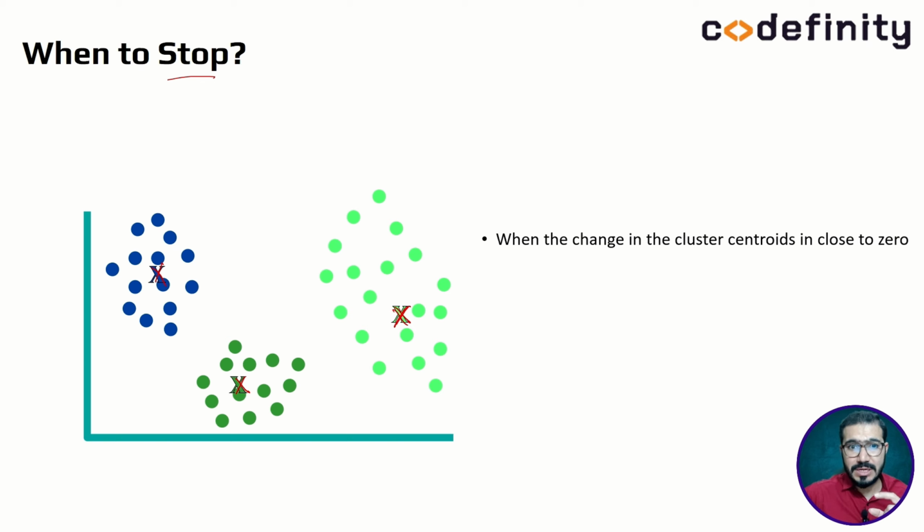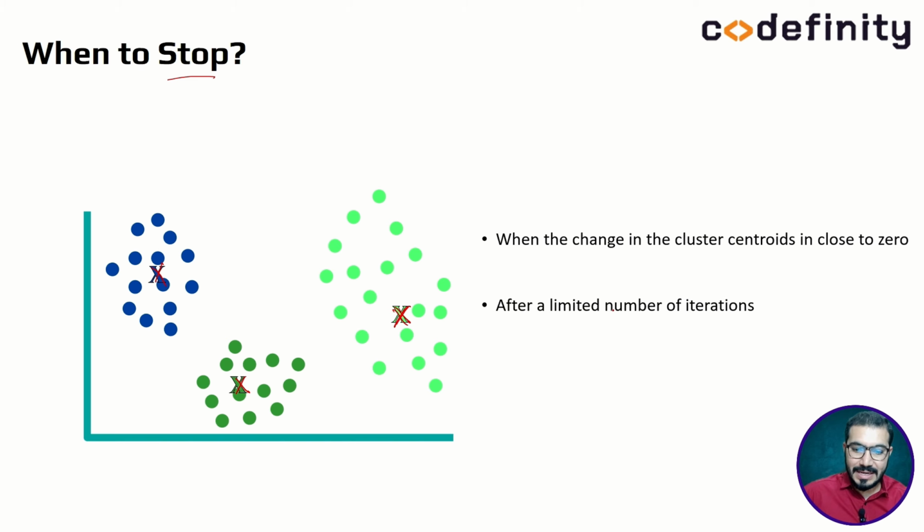Now this will denote that the centroids have reached their ideal position. Or if the change is so minimal that we can ignore it, then again we can say we have to stop. So if the change in the position of clusters from the previous iteration to the new iteration is ideally 0 or close to 0, we can say that we have to stop.